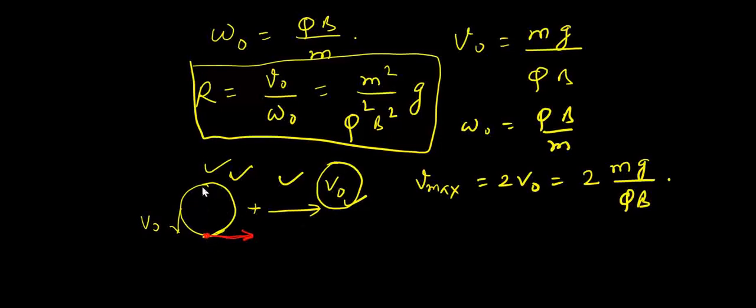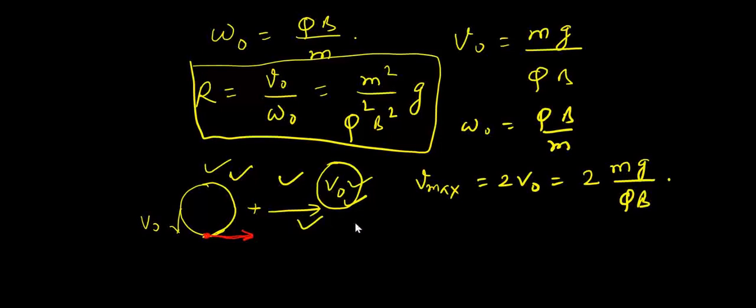The average velocity of circular motion is 0 because it is fluctuating around 0, and so the average velocity is of course horizontal and equal to v0. You get your third result.